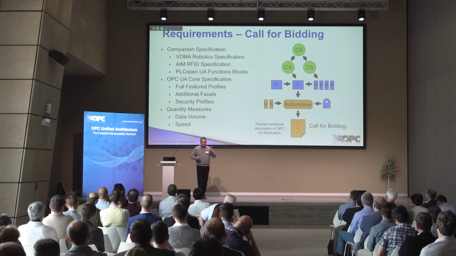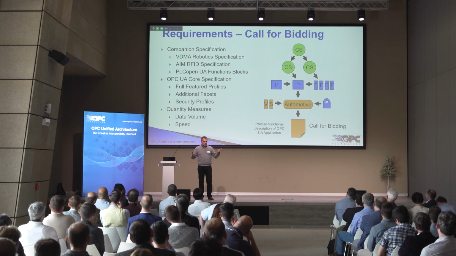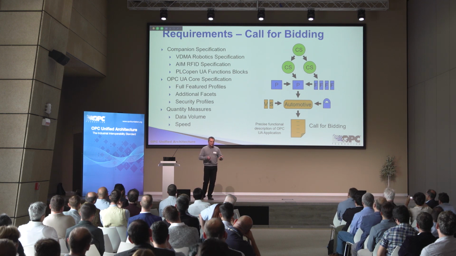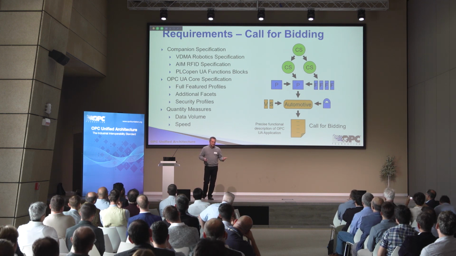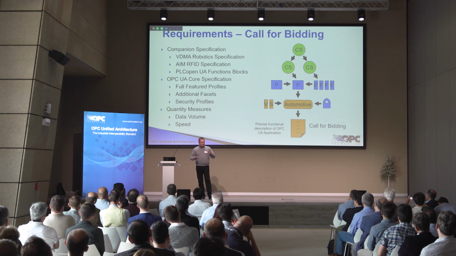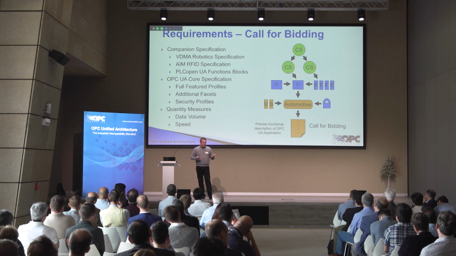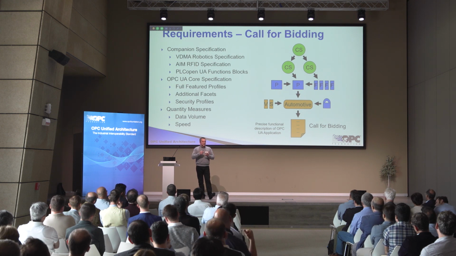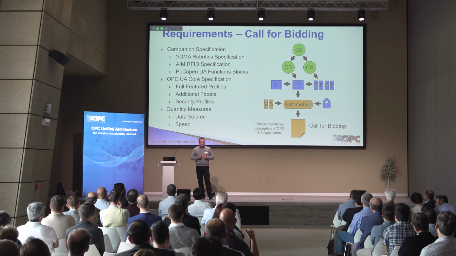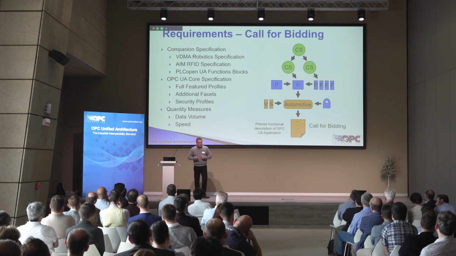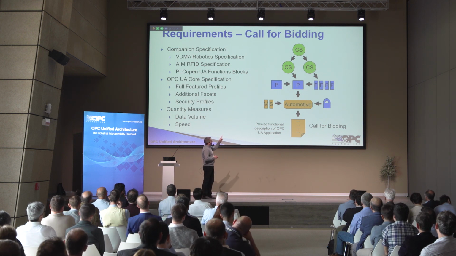If the companion spec uses methods, then of course the server must have the method facet. They may also already define what other features are required. With that, automatically, you get the list of profiles coming out of the companion spec.